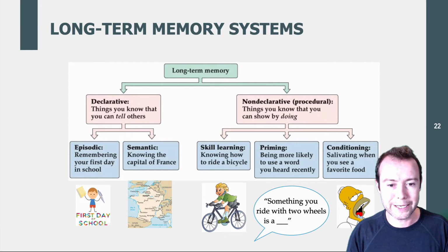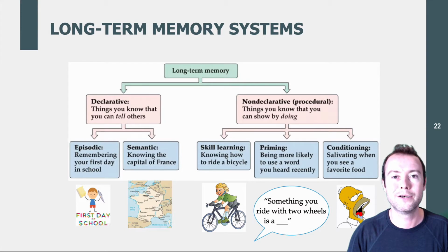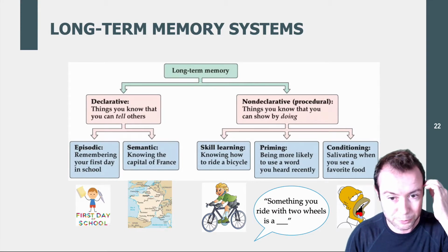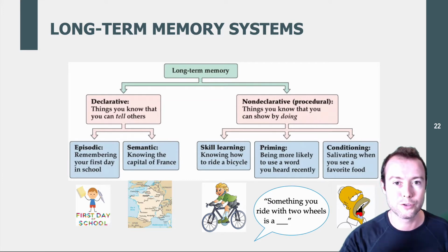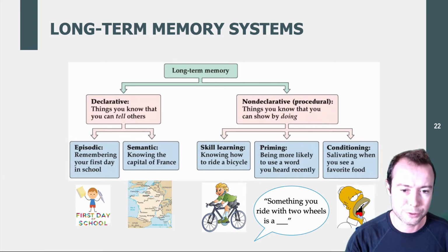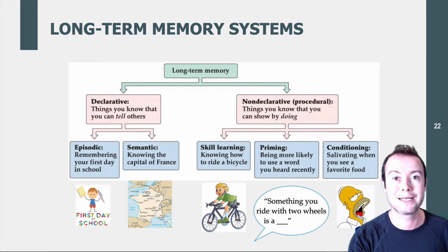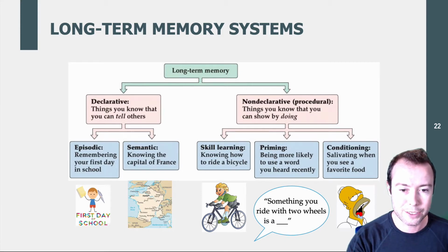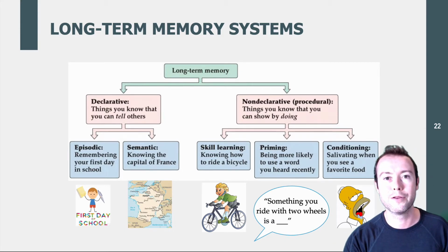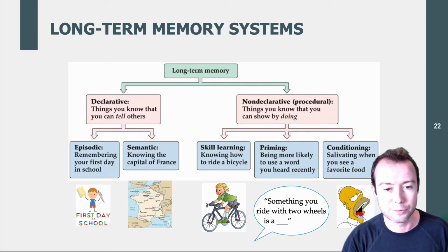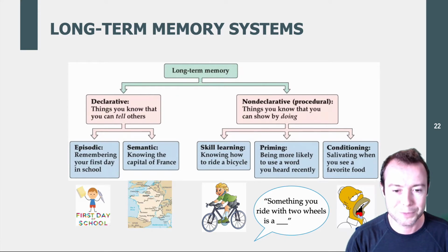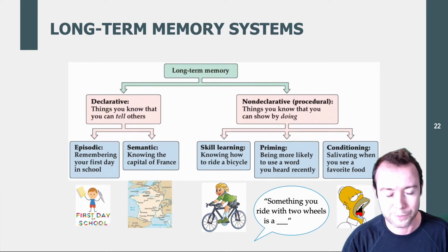And if we look at a simple taxonomy of different memory systems here, so within long-term memory, we can split this into the declarative and the non-declarative or procedural. So stuff that fits in that declarative section is things you know that you can tell other people. So these can be episodic memories, so remembering the first day that you go to school, or semantic memory, so knowing the capital of France.